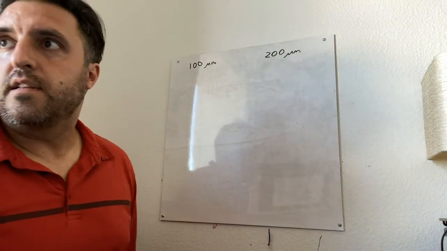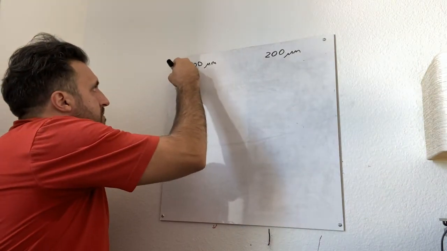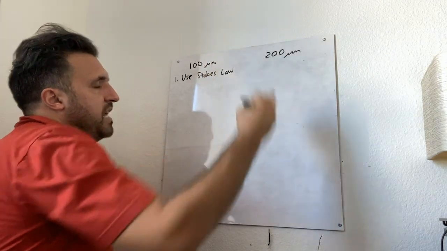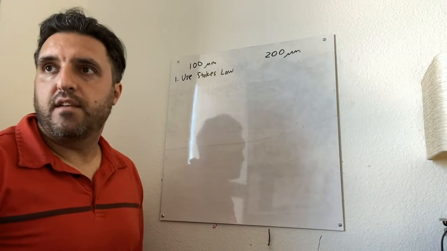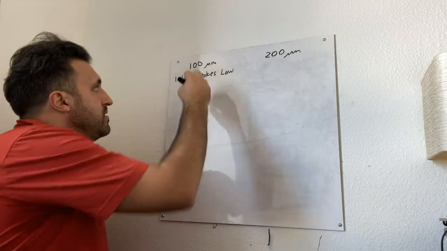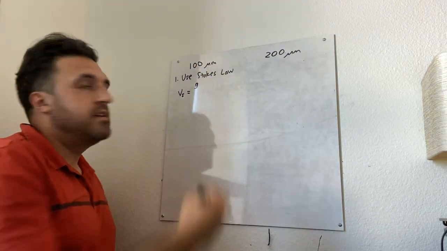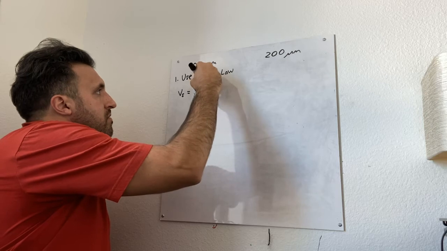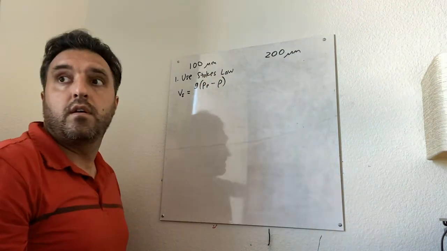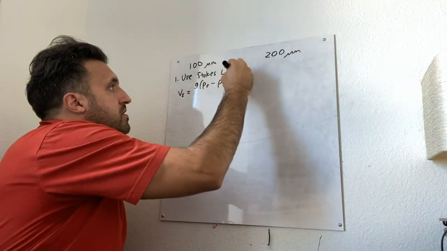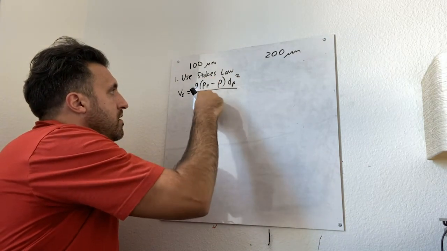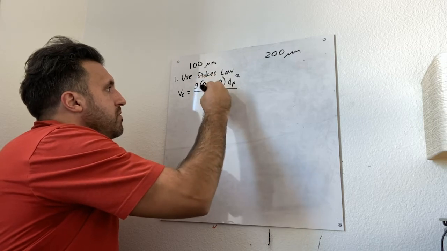So for the first one, let's start by using Stokes' law to obtain the initial guess of the settling velocity. So again, that is settling velocity is equal to g times (rho sub p minus rho) multiplied by the particle diameter squared, divided by 18 mu.